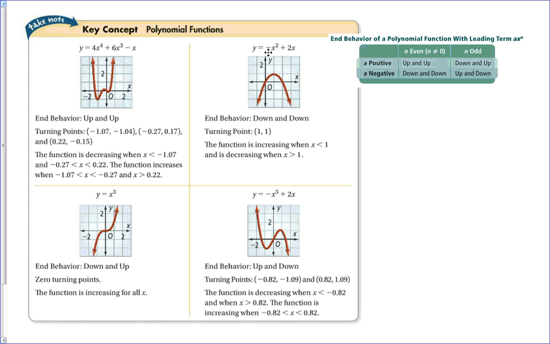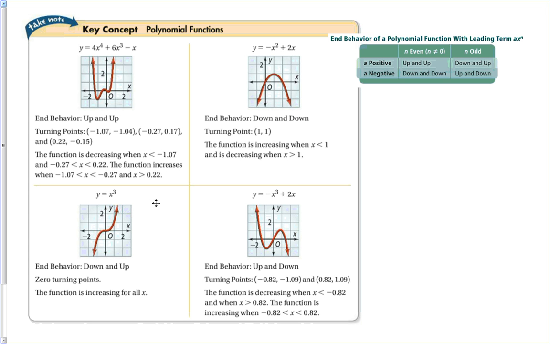Now, if you have a negative leading coefficient, such as in this case, we have negative x squared, the only difference is instead of going up, up, they're going to go down, down. So they're still going to go the same direction, they're both going to go down. When you have an odd degree, like in this case, we have y equals x cubed, so we have an odd degree.